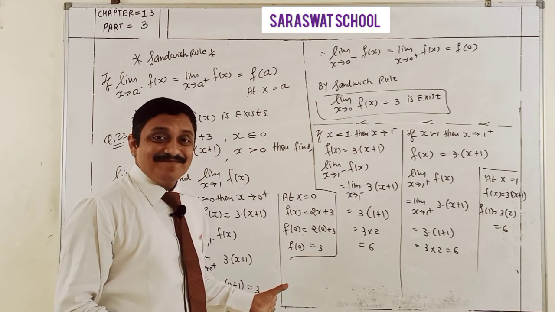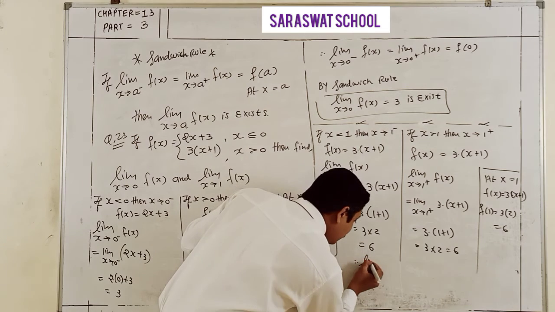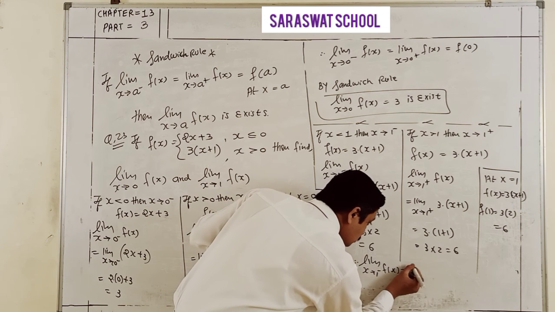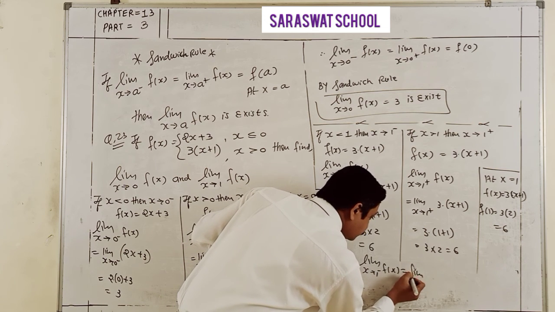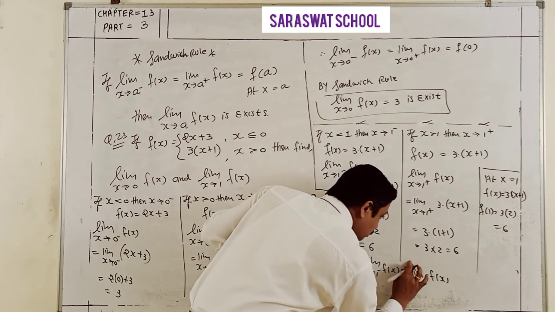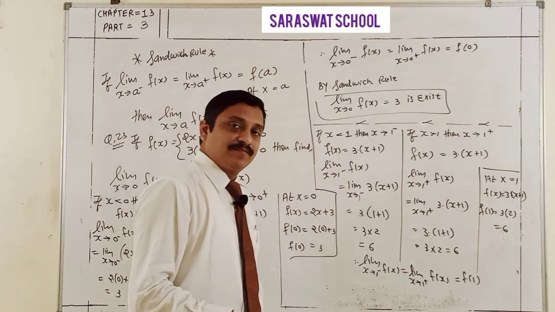All are same. That's why I just write down here limit x tends to 1 negative of the function is equal to limit x tends to 1 positive of the function and is equal to f(1), all are equal.